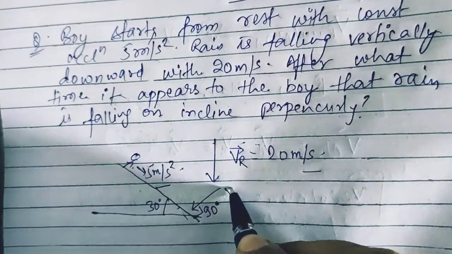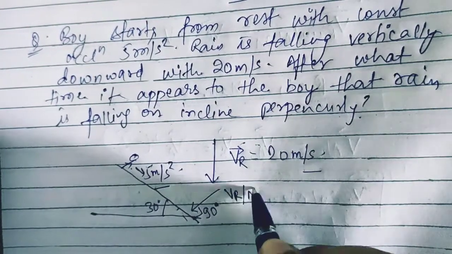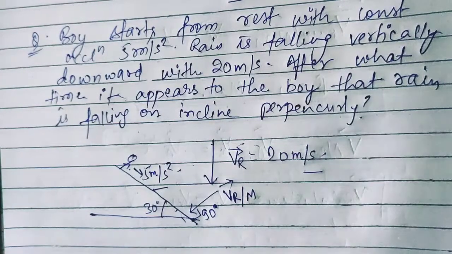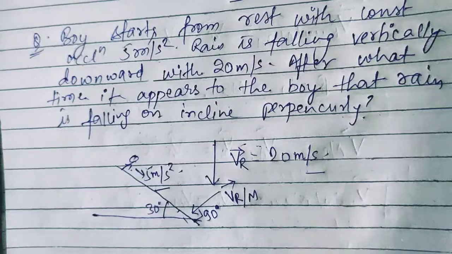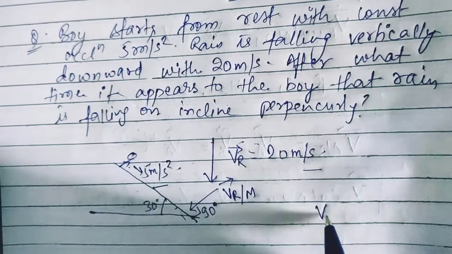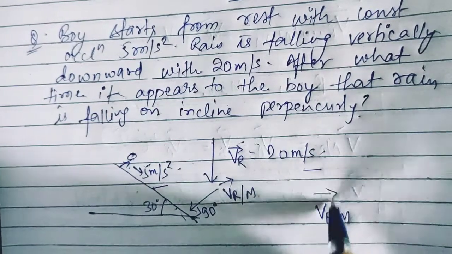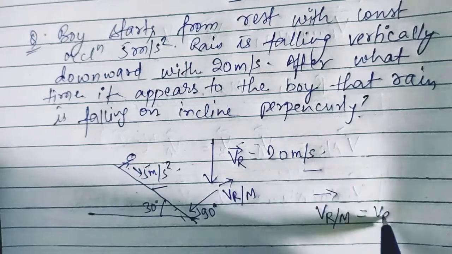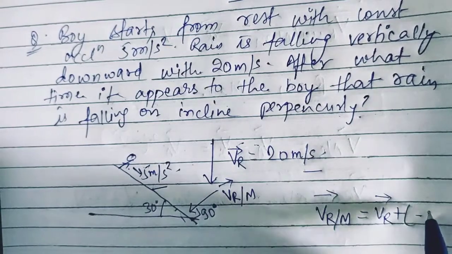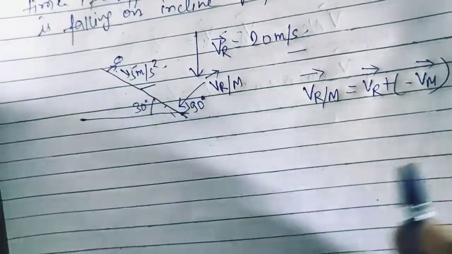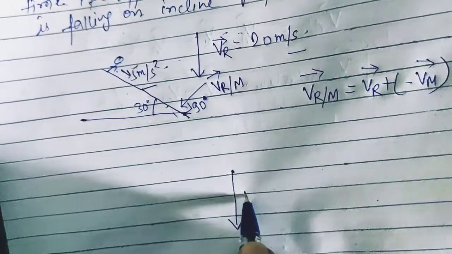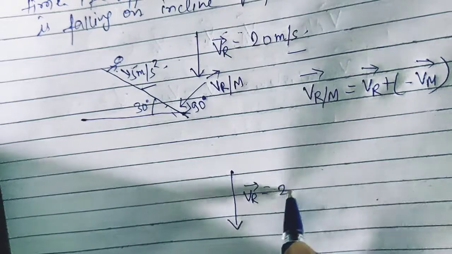This is velocity of rain with respect to man. First of all you should know that you have to find the vector triangle here, and you will have to use velocity of rain with respect to man is velocity of rain plus minus of velocity of man. You know that velocity of rain is downward, that is 20 meter per second.